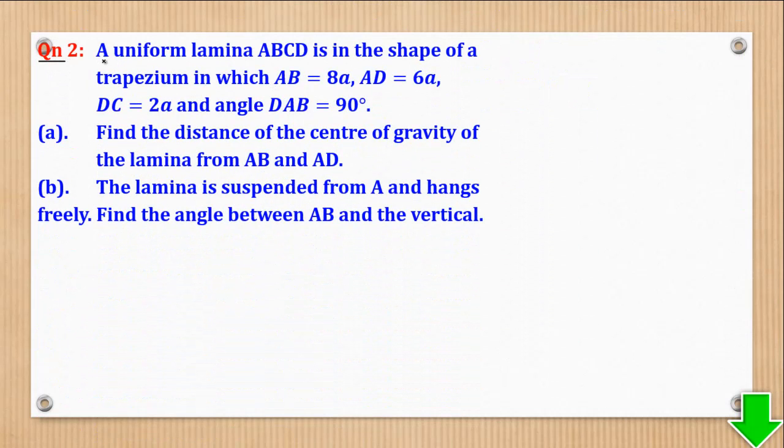Then question 2: a uniform lamina ABCD is in the shape of a trapezium, in which AB is that, AD is that, this is that, and angle DAB is 90. Part A, find the distance of the center of gravity of the lamina from AB and AD.